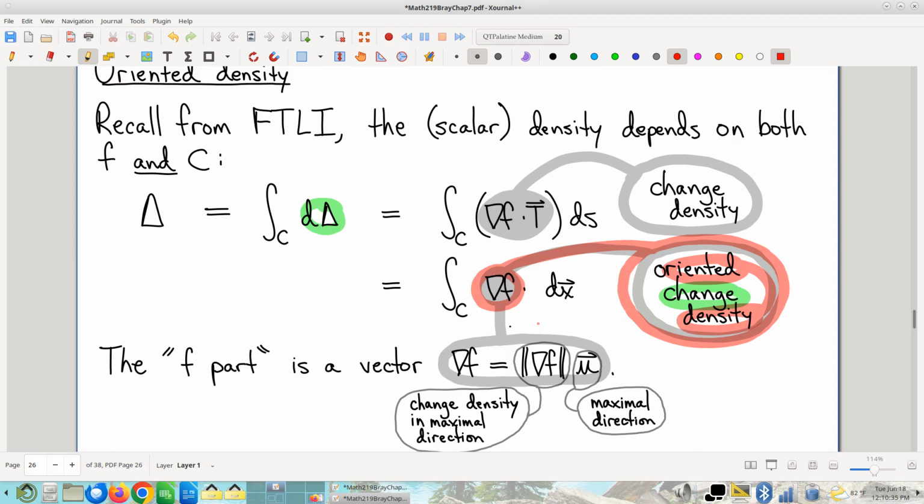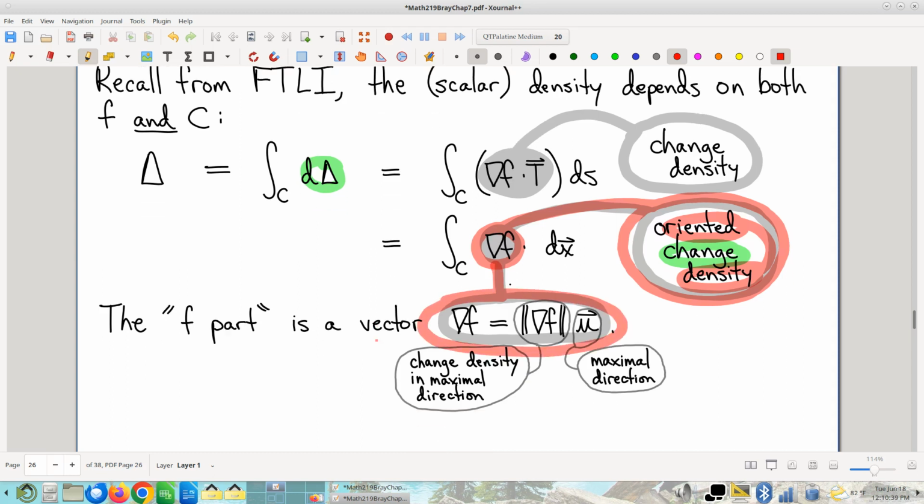And furthermore, look at this. You can see in known established interpretations of the gradient, check it out, its magnitude is literally telling you how much the function's changing in the maximal direction. In other words, independent of which direction you're moving. If you're hiking on a mountain, the question comes up, how steep is the mountain?